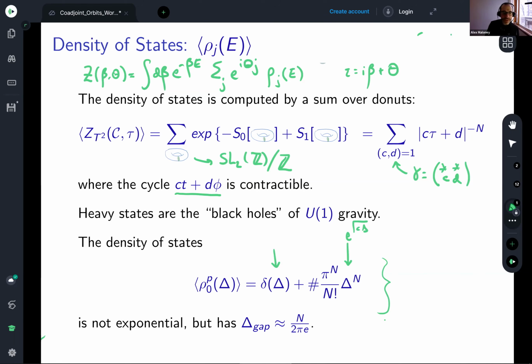So this is a little bit like a theory of gravity where the Bekenstein-Hawking entropy is not proportional to the area of a black hole, but the log of the area of a black hole. Because this formula here goes like e to the central charge times log delta, instead of delta to the 1/2. So this is something like a simple theory of gravity with a paucity of black hole states.